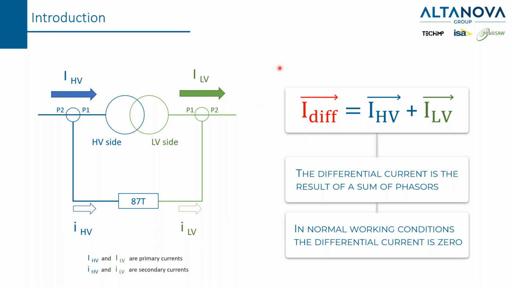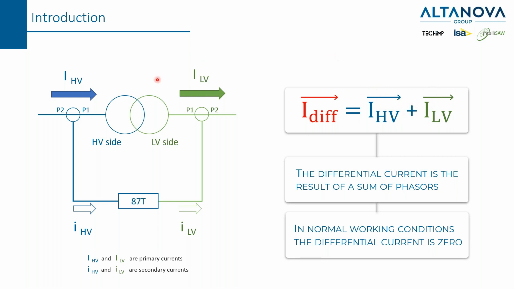The first important concept to be understood is that the differential current is a sum of vectors. Sometimes people can think that seeing a plus in this formula is a mistake, but it's not, because the minus is information that is inside the direction of the vector.